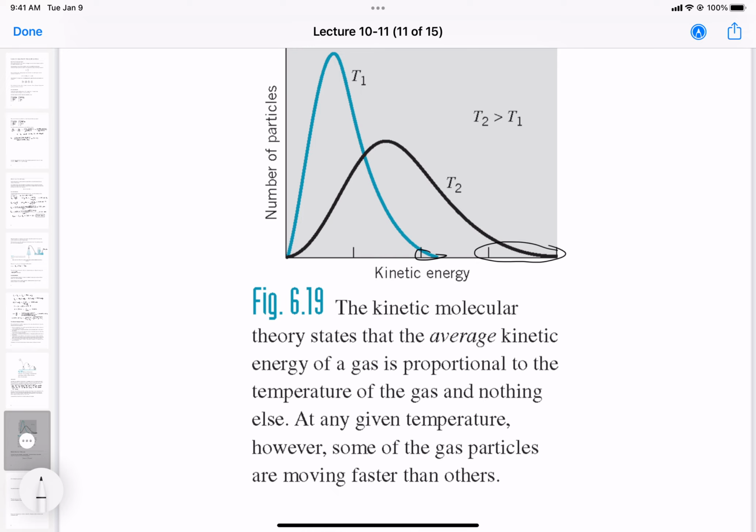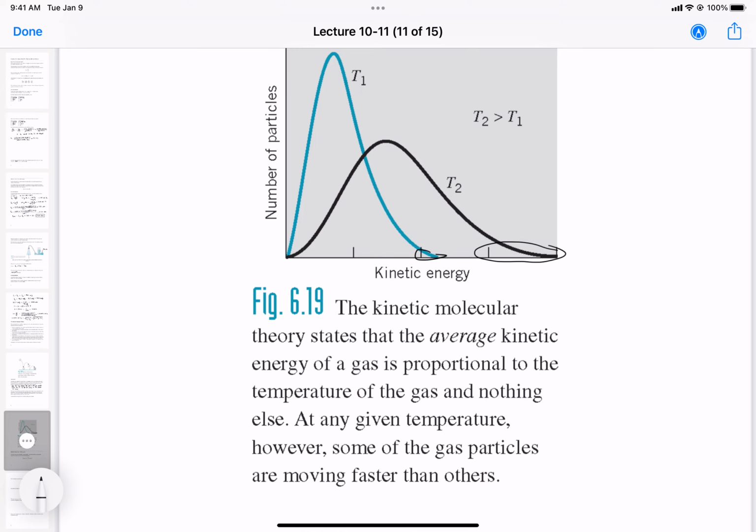What that would mean is that the average kinetic energy is going to be more towards the center, more even. On average, the kinetic energy of all the molecules will fall dead in the center as you increase the temperature. So that's how you should see it.